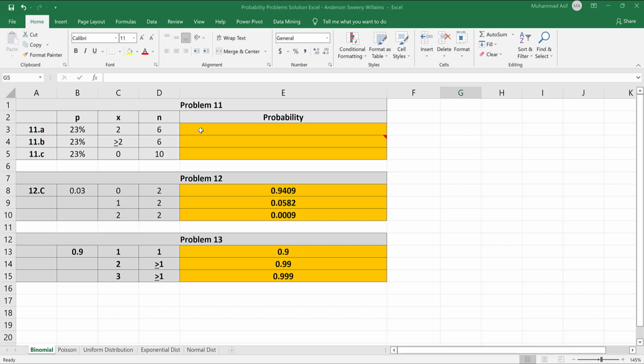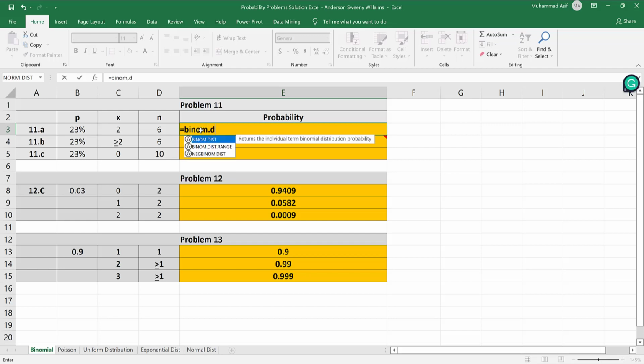And in Excel we will use this function that's called binomial distribution, BINOM.DIST, and then first x, and then number of trials, and then probability. And the last thing is that it's asking cumulative or not.